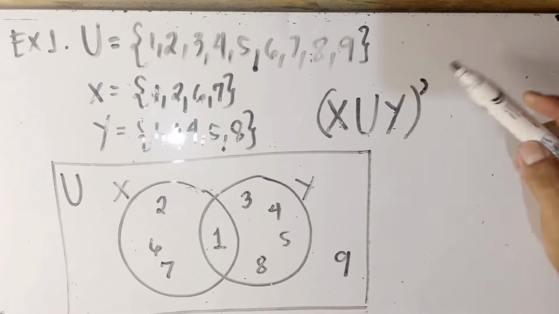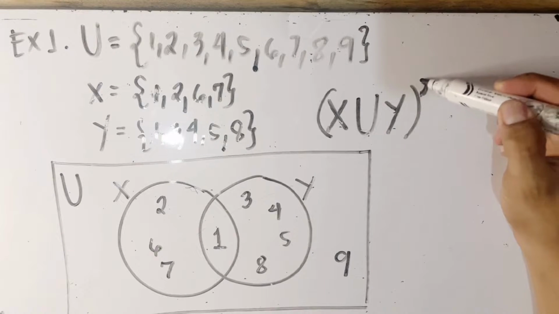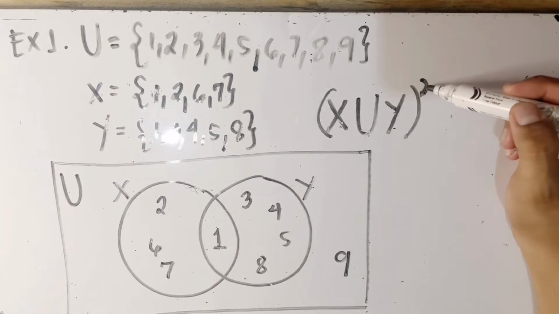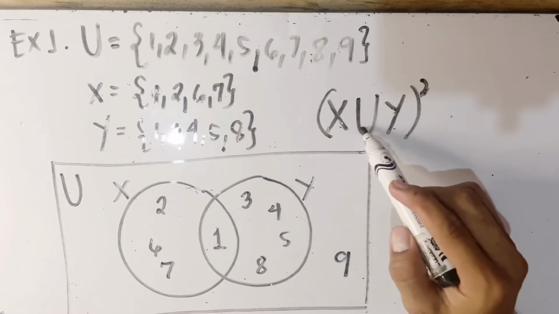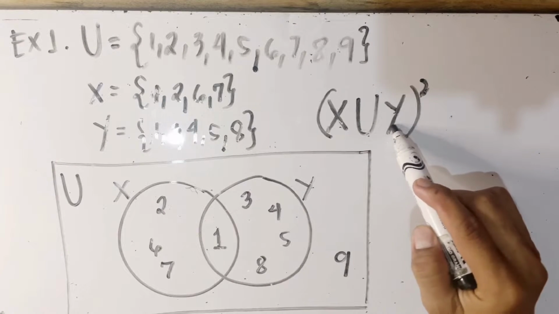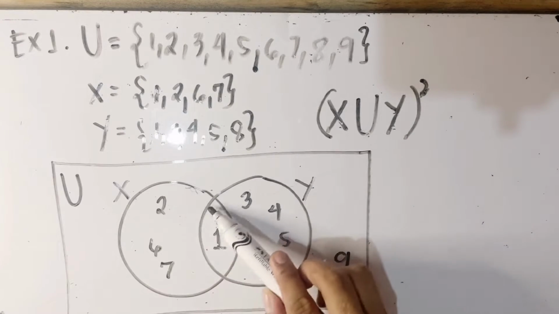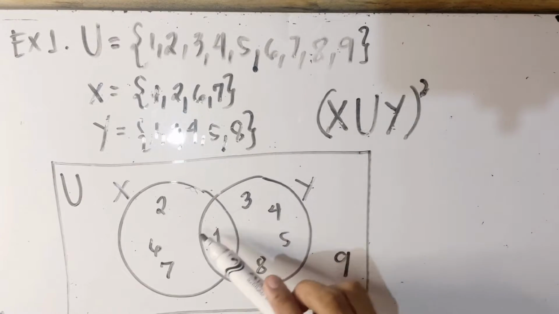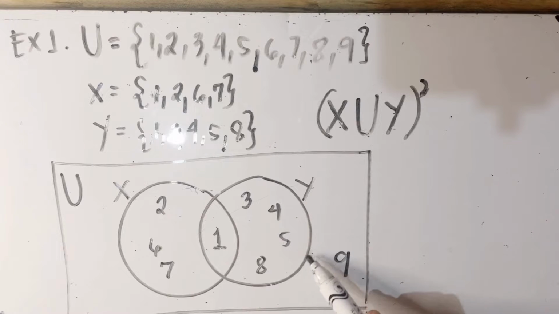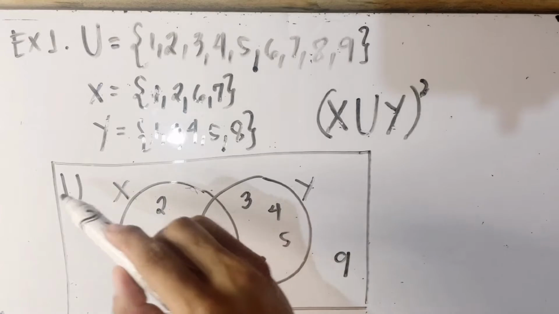But remember, we have this symbol outside, which means complement. So the union of X and Y will not be included. This part here will not be included, so what is to be shaded is outside them.